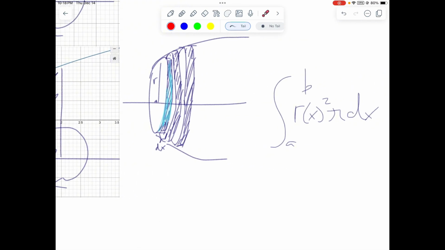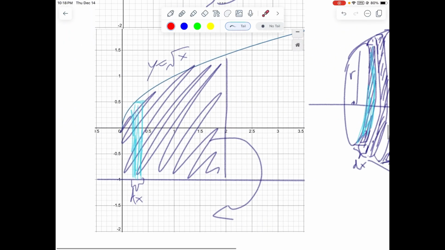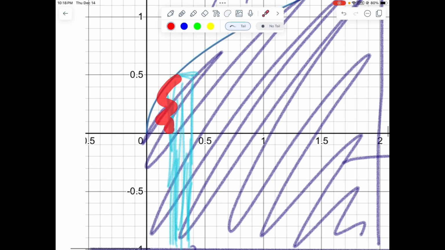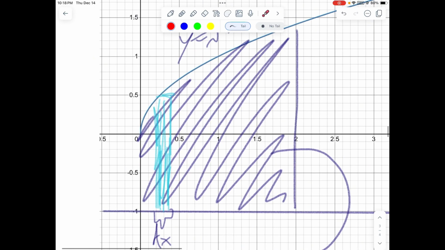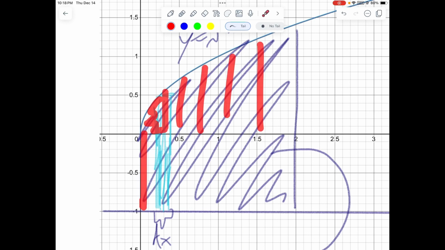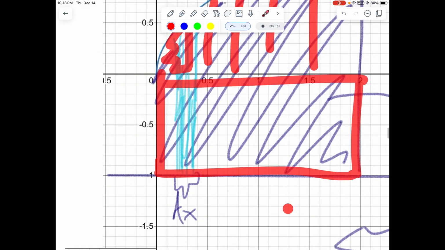And then the harder part would be identifying r, right? So that would be this little height right here, like these heights, plus this height right here, and as you can see, this is a rectangle, so this is always constant.